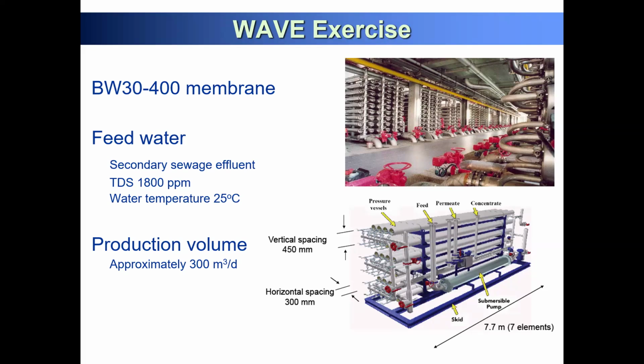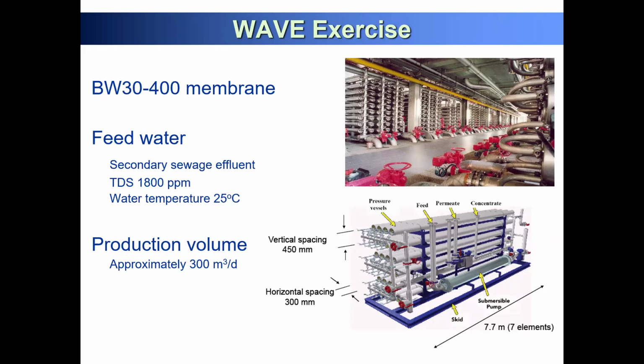So you can also select some of them, but basically they are very much similar. So we just fix the BW3400 membrane element and feed water, secondary sewage effluent. And TDS is around 1.8 grams per liter. Water temperature is 25 degrees. And production volume, 300 cubic meters per day.